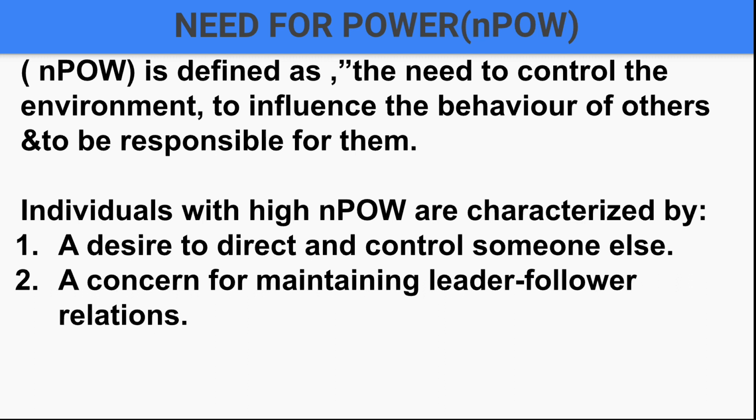Yes, here the person who is directing and controlling tries to maintain that leader and follower relation, because it is very important to control employer and employee relations. It helps the company to work in a systematic and in a progressive manner. Clear? This is all about need for power.